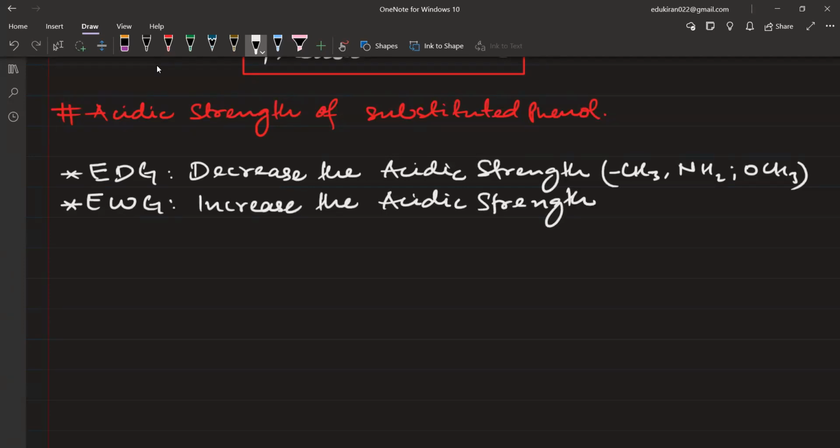Because if you have an electron withdrawing group, it will withdraw the electron density from the oxygen atom, lowering the charge density, stabilizing the conjugate base, hence increasing the acidic strength. Examples will be NO2, and then any halogen atom. Both of these are what? Electron withdrawing groups. Now, electron donating group can be either plus M or plus I. Withdrawing group can be minus M or minus I.